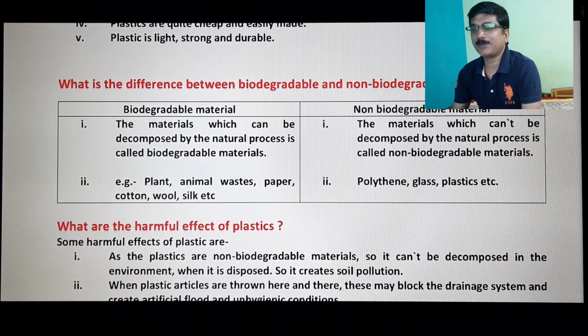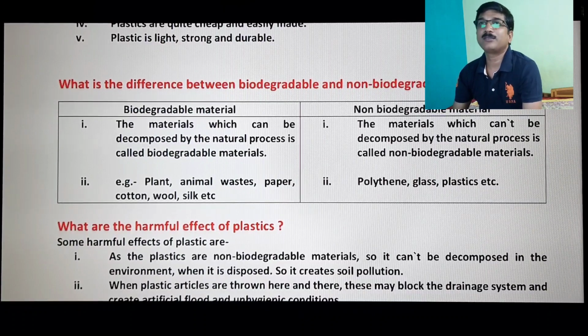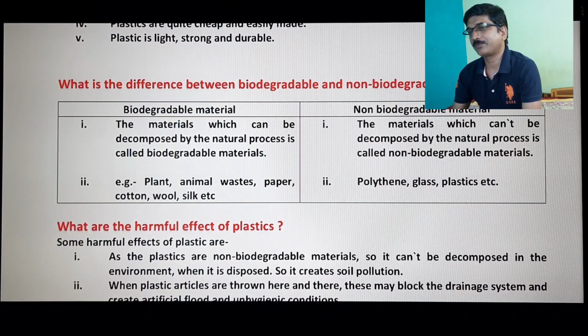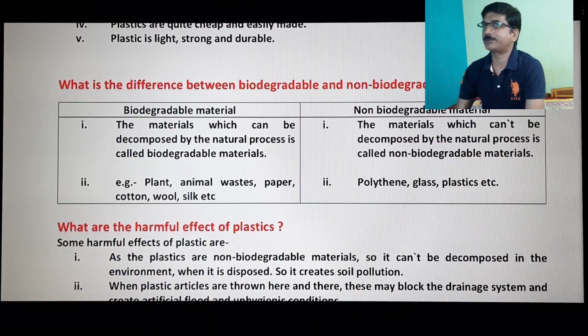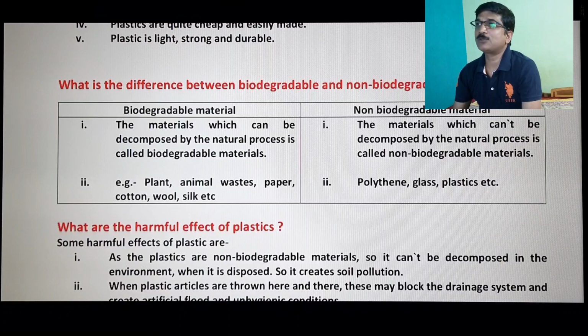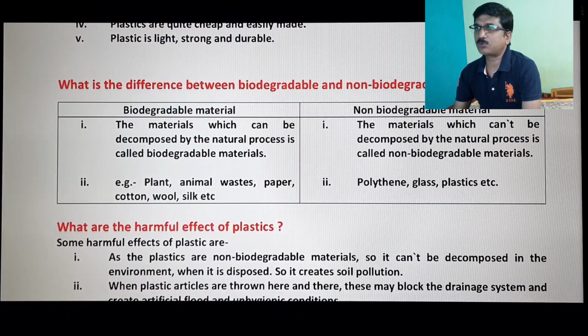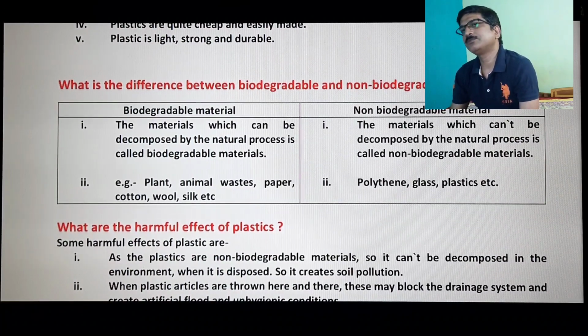In class 7, you must have studied that the materials which can be decomposed by natural processes are called biodegradable. The materials which can be decomposed by the decomposers are biodegradable. But the materials which cannot be decomposed by natural processes, by the decomposers, are called non-biodegradable.